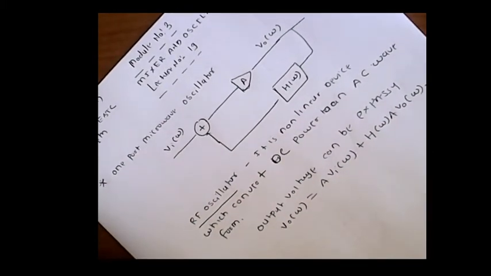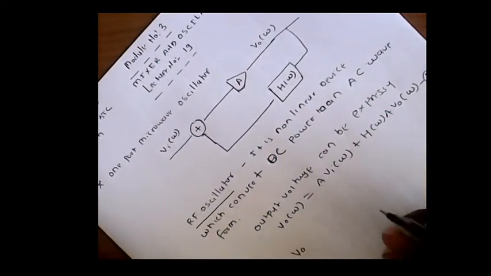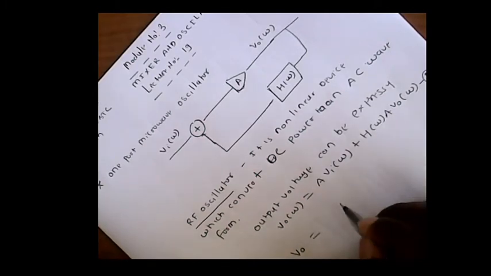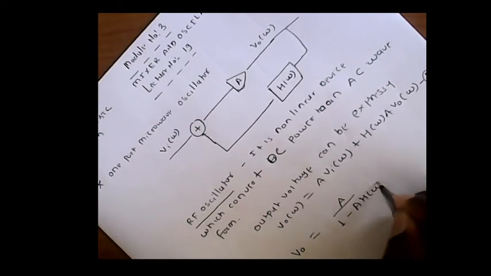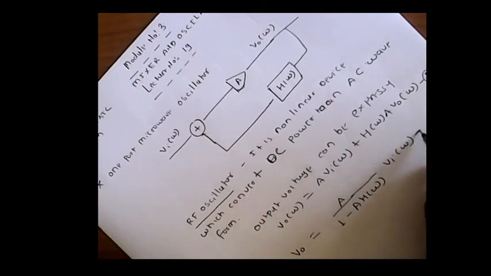This is equation number 1. After solving for the output voltage in terms of the input voltage, we can write V0 omega is equal to A divided by 1 minus A into H omega, into Vi omega. This is equation number 2.